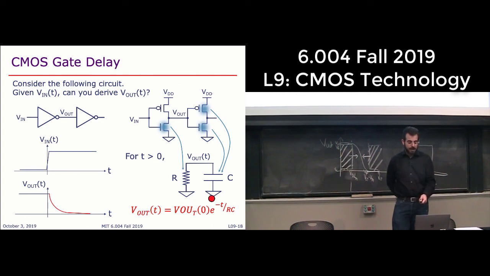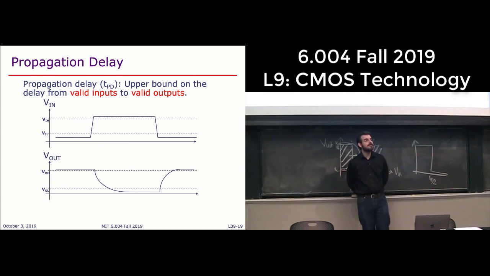This exponential falls with t over tau, because this is a time constant, the product of this resistance and this capacitance. The larger this is, the slower the output is going to fall.